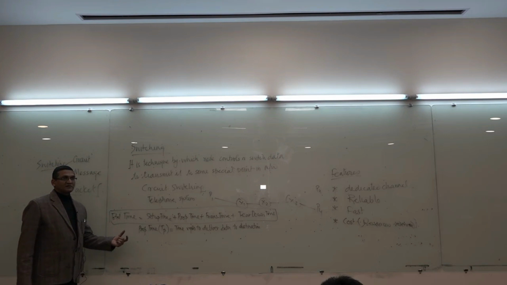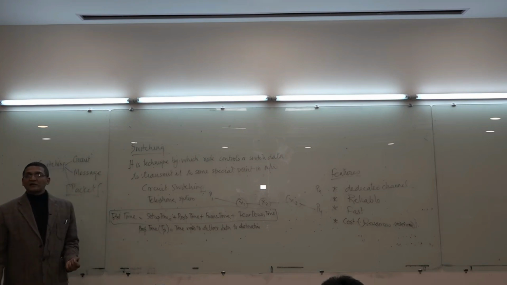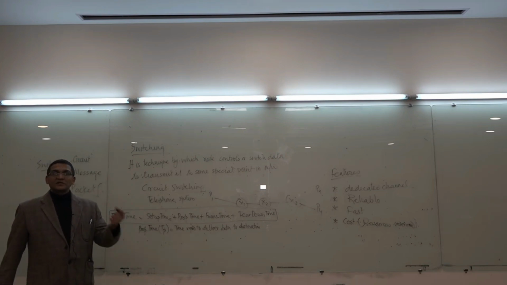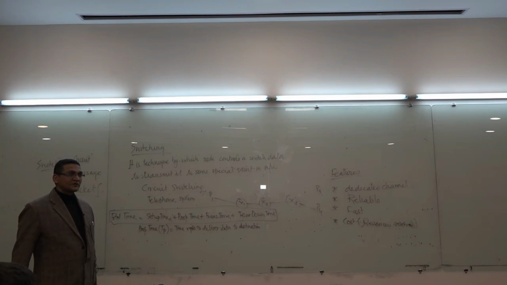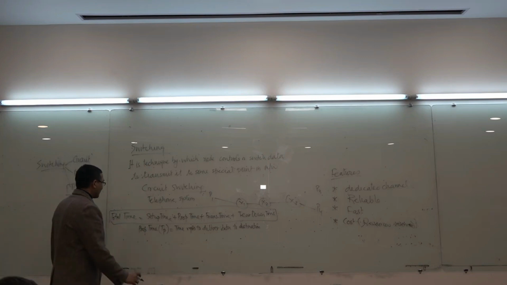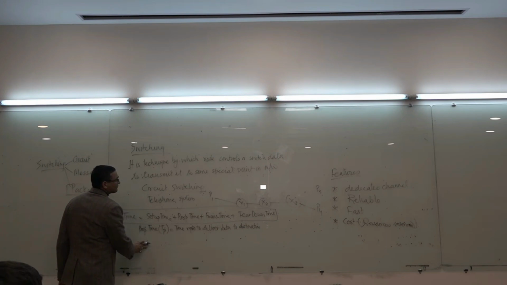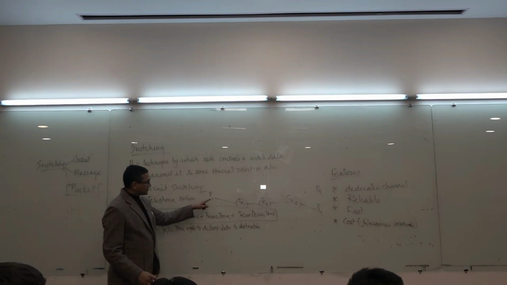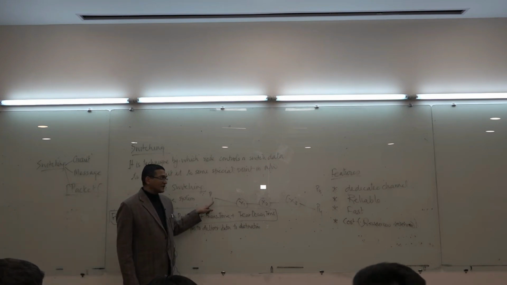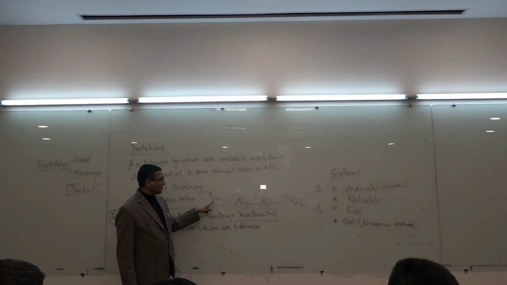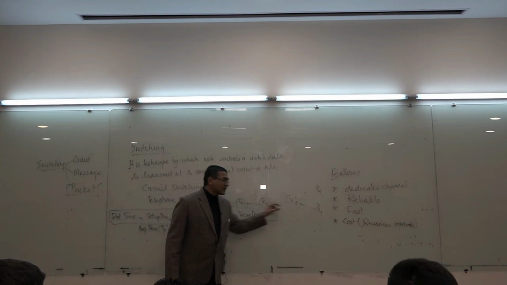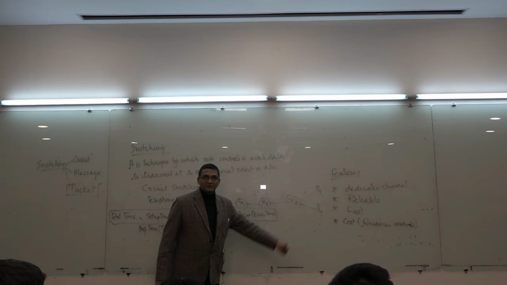So propagation time is the time required to deliver the data from the source machine to the destination machine. This is called propagation time. Means to deliver the thing from here P1 to P4, the time required is called propagation time.